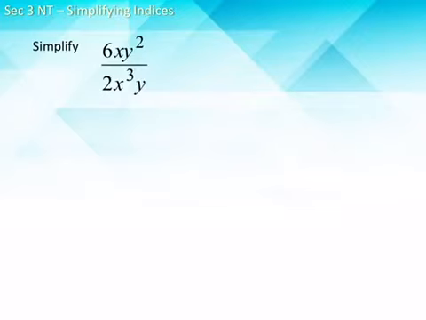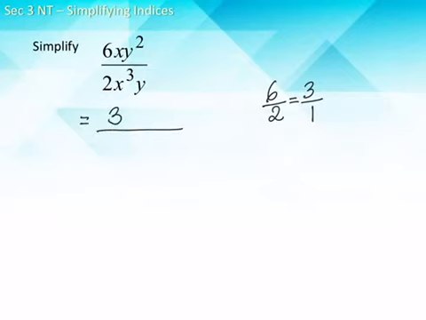Now we are to simplify the following expression of the type where there is a numerator and a denominator. So first take a look at the numbers. I have 6 over 2. If I were to simplify this, I will be able to get 3 over 1, by cancelling out the common factor. And that will be 3 in the numerator.